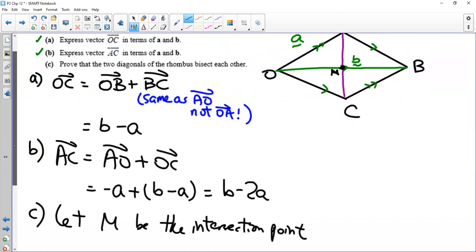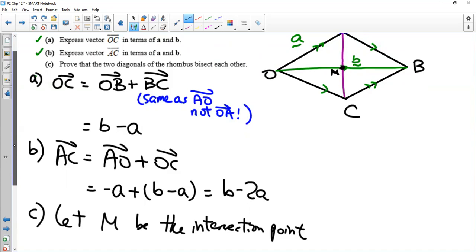Now, when they say that bisecting each other, what does that mean mathematically? Or in terms of definition, what does bisect mean? Perpendicular bisector, anything you've learned GCSE, year 1, what does bisect mean? It means at 90 degrees. No, that's perpendicular.